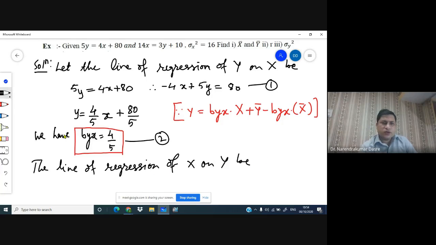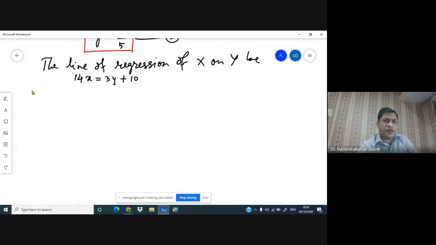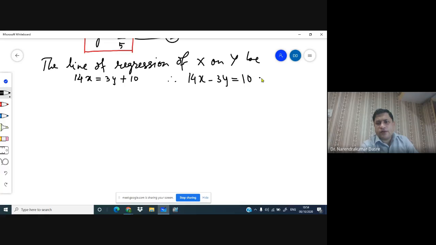Yeah, so what is that? 14x is equal to 3y plus 10. Yeah, so that is the line of regression we have. And hence I write this as 14x minus 3y is equal to 10. So this is going to be equation 3. So what we can do is take this 14 to the other hand side. So we get x is equal to 3 by 14 y plus 10 by 14. Okay.